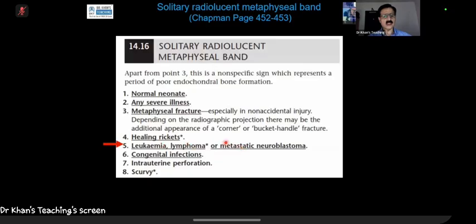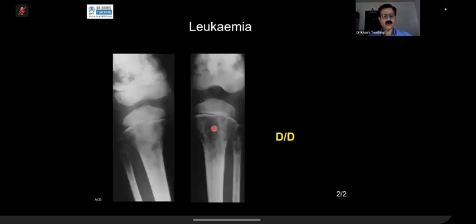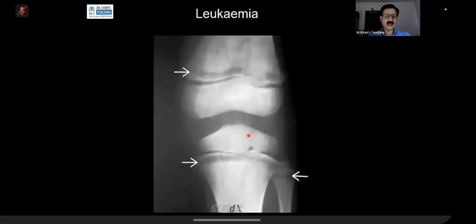In these conditions, the metaphysis is involved, and you have to remember this. So the differential diagnosis which tallies with this case is metaphyseal lucent band, and this is another example of a more conventional one. That one was very aggressive.